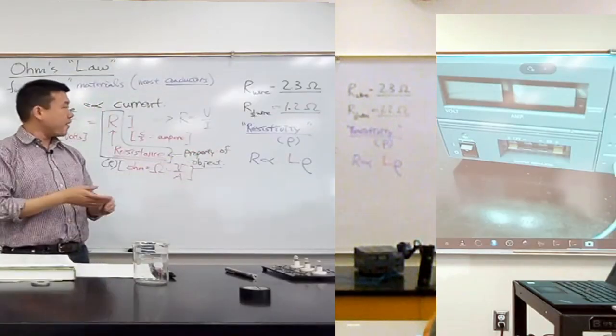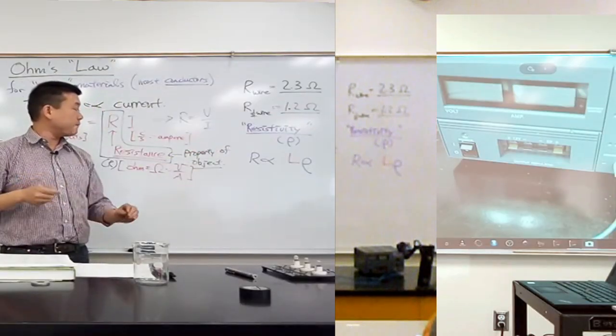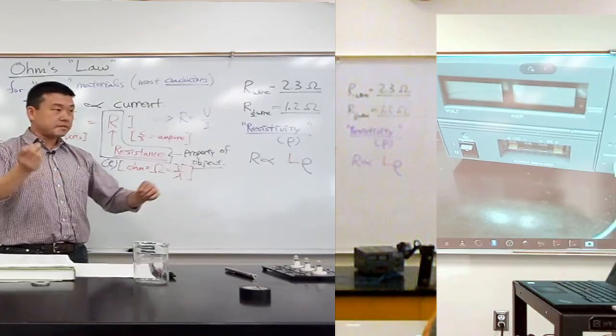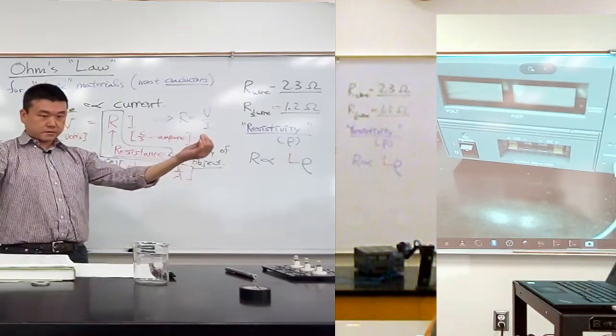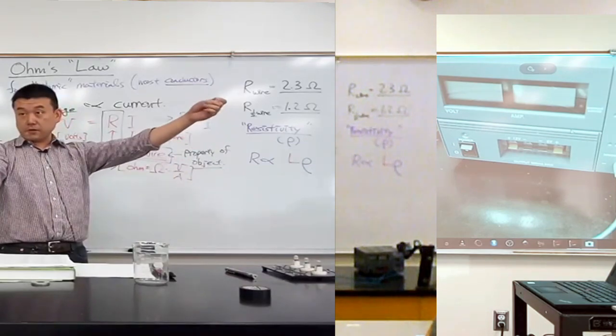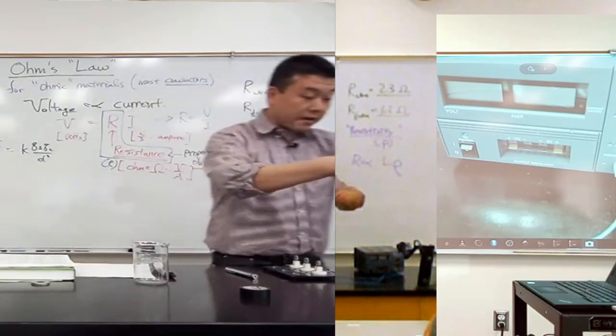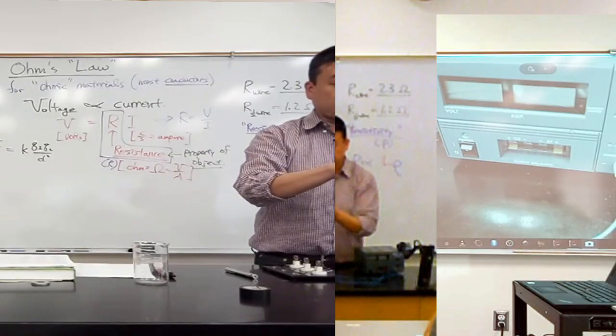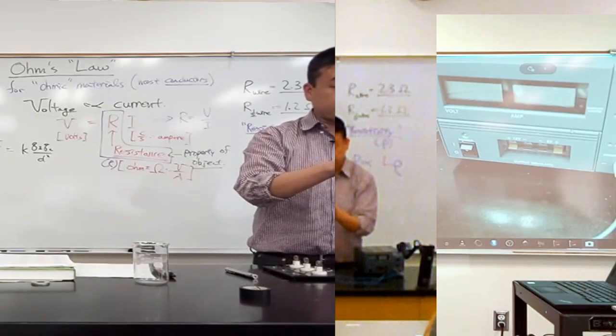Should that be it, or are there other things that resistance might depend on? Yeah, cross-sectional area. So let me do it this way. I'm going to double up the cross-sectional area by doubling up the wire. So let's connect it and see what the resistance of the doubled-up half-length wire is.